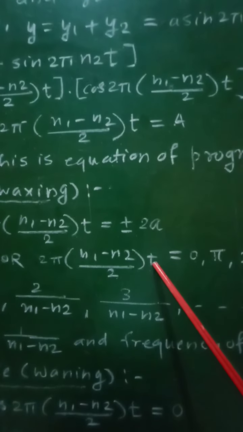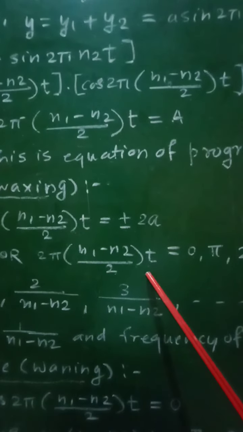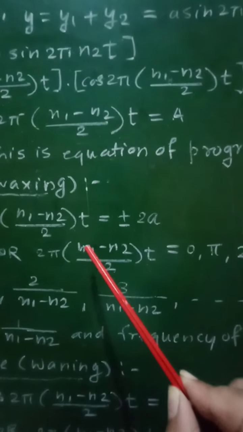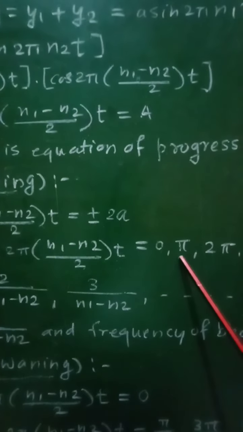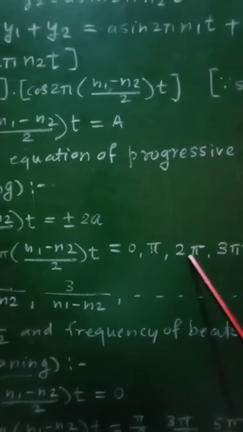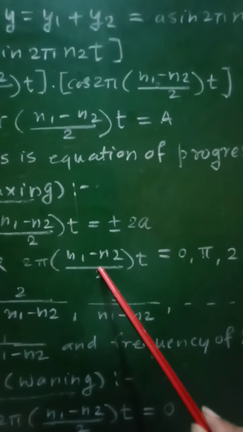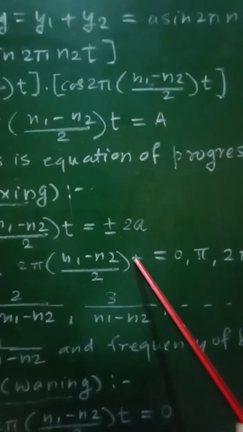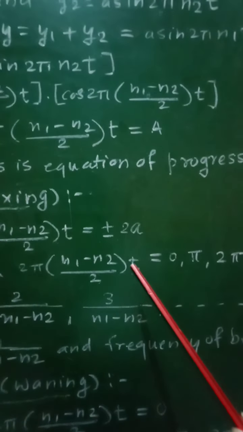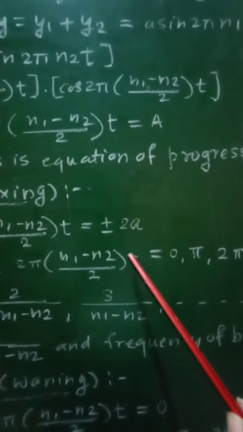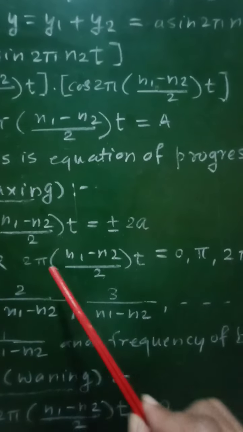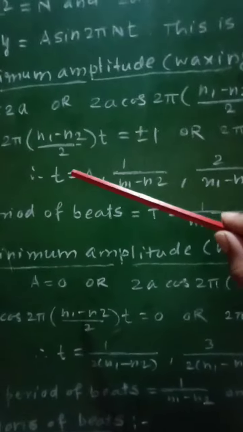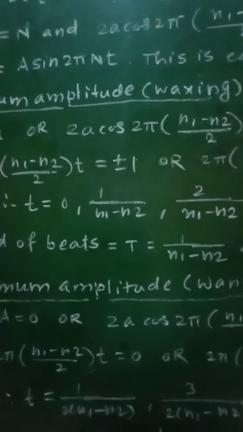If we put the value of t as 1 upon n1 minus n2, it will get cancelled and we get the value pi, the second value of the angle. Similarly, the next angle is 2 pi. For this, if we put t equal to 2 upon n1 minus n2, these two get cancelled and we get 2 pi.